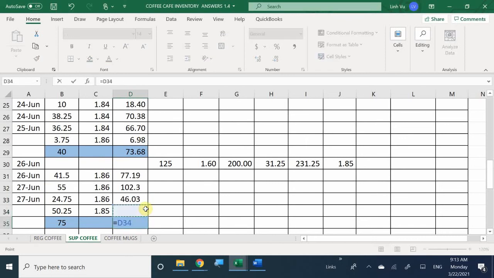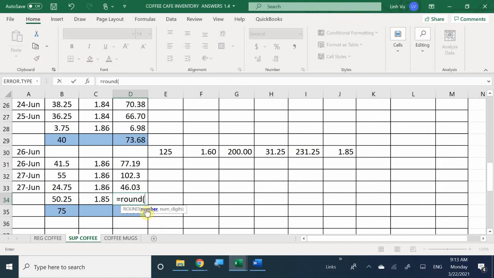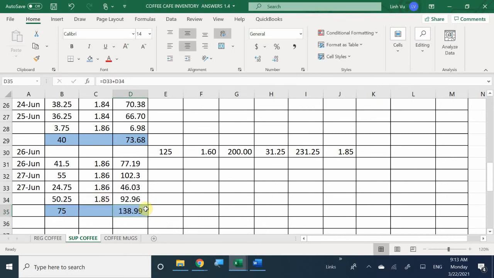So what is going to be the total cost for 50.25 pounds at 1.85? 92.96. Okay, 92.96, giving me a grand total of 138.99.